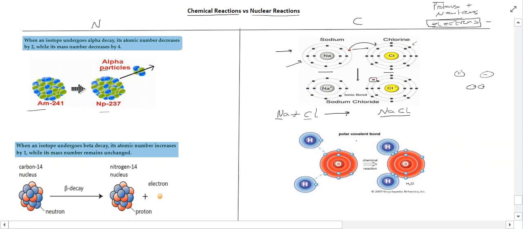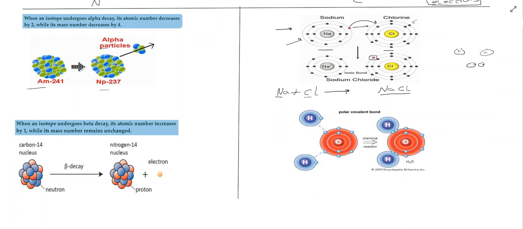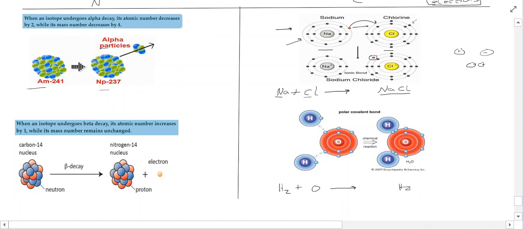If we have a look at this reaction down here, you have hydrogen, and it comes into contact with oxygen. Now this is in balance, and essentially what happens is you get H2O.